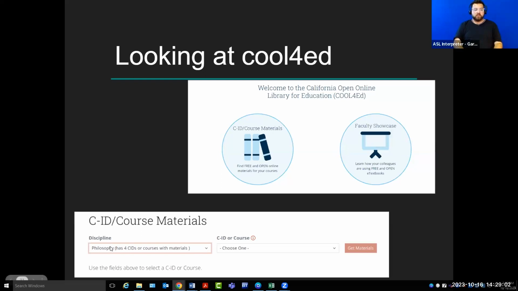When you select your discipline, you can choose the CID, and that's going to give you a number of resources that you can check out.